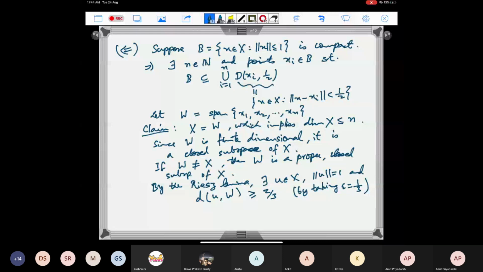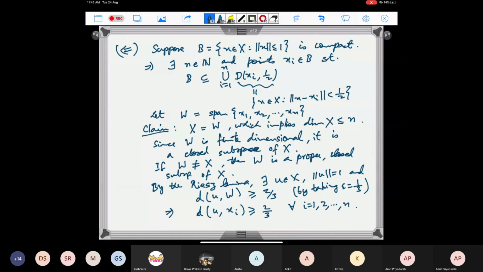So the norm of u is equal to 1. We know this because the distance of u to W is the infimum of all the distances from these vectors. So therefore, we get this. But this will be a contradiction, because what we have seen is that this B is a subset of the union of these open balls of radius half centered at xi.